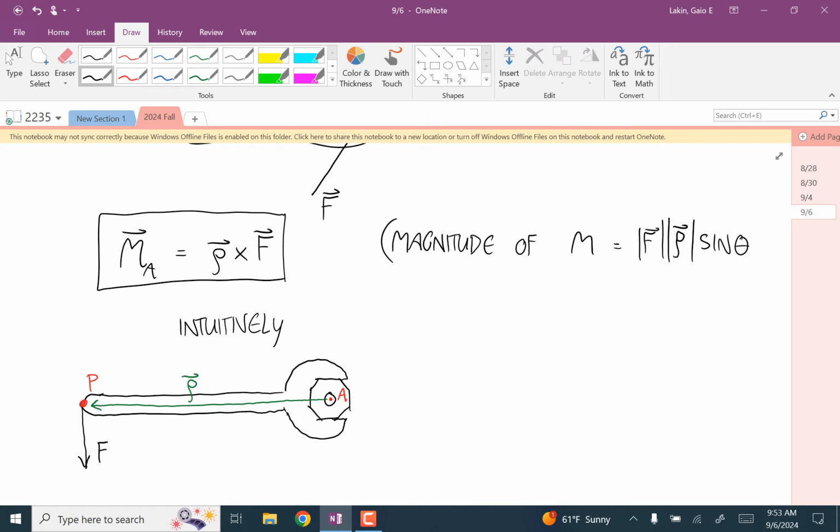Say it again. Well, if your A was in the middle of the wrench, how do you ever turn the bolt? If your about point is in the middle of the wrench, remember that there's also a reaction force. If your free body diagram includes the bolt and the wrench as one thing, remember there's a reaction force from the wall onto the bolt.